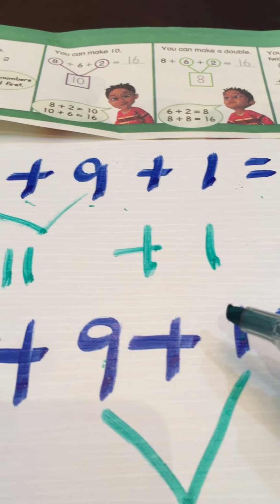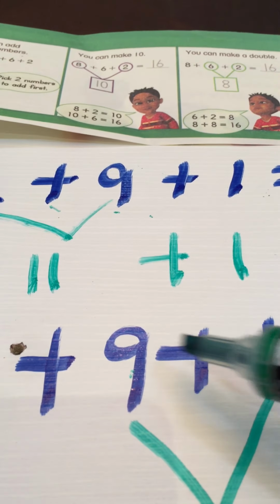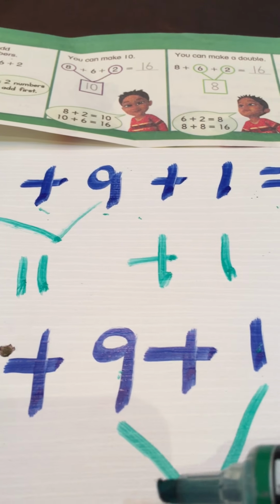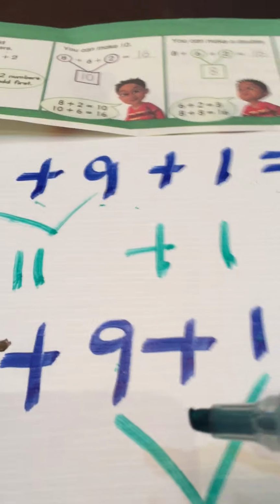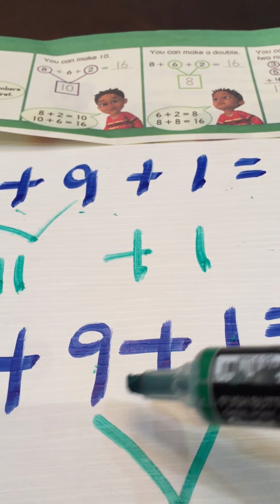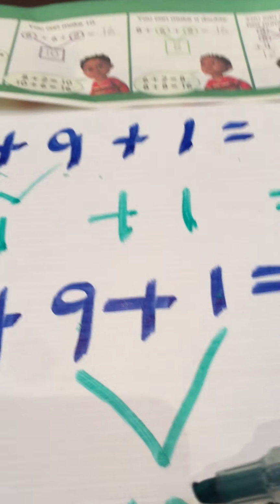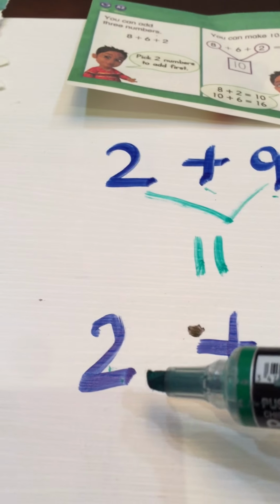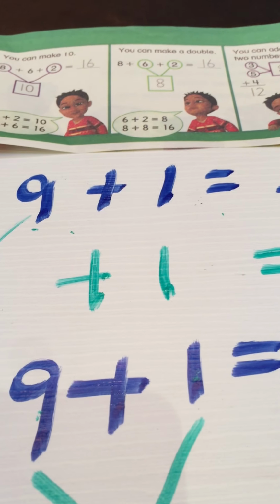If you have numbers that can make 10, it is easy to go with that one. I prefer you to go with the one that makes 10. Any two numbers that make 10, add them together to make the 10, then add the 10 to the third number, and you will have the answer very easily.